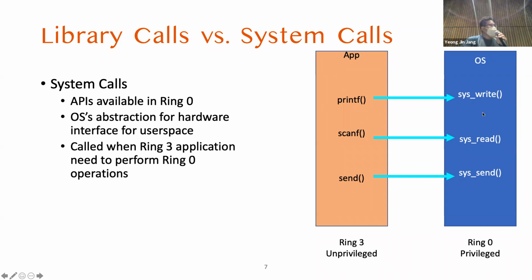The reason why we have this layer is that our application does not have the privilege to interact with the hardware, but the operating system has. So we are actually requesting something from the operating system and then getting the result, and then everybody will be happy.